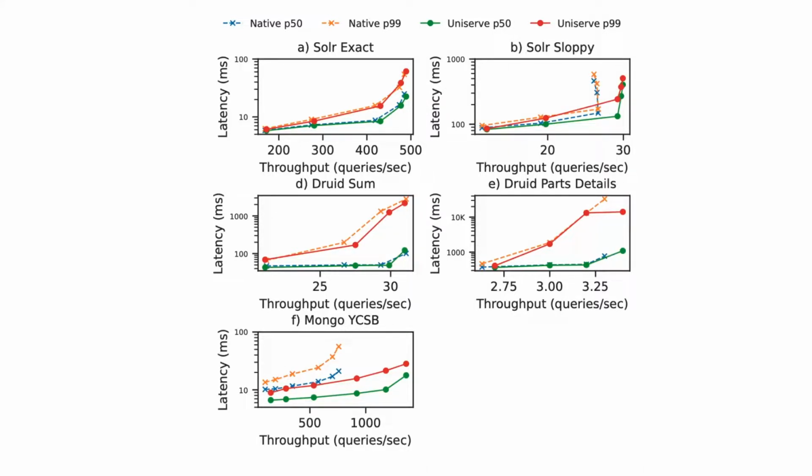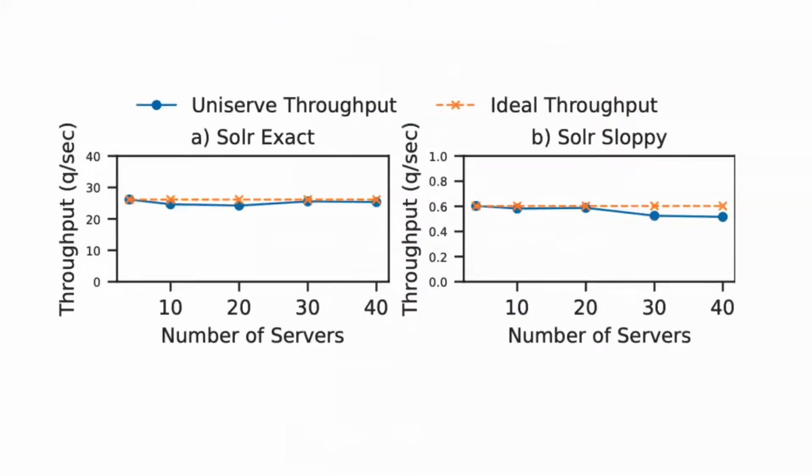In this, we see that DPA ports perform similarly to the native systems. The next benchmark is the scalability benchmark, which is also on a uniform workload. And as we see, as the number of servers scale up, the performance is near constant.